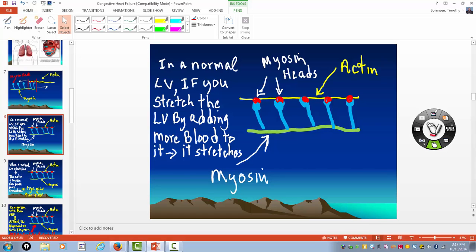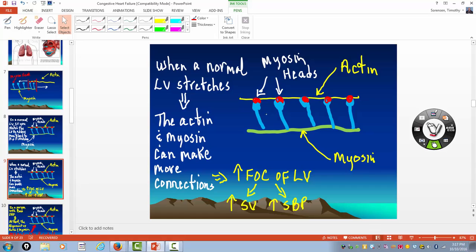So if you send more blood back to the heart, the right heart in this case, it's going to stretch the heart muscle fibers, and it's going to line up the actin and myosin better. And if they line up better, you can make more connections between actin and myosin. That's a good thing.